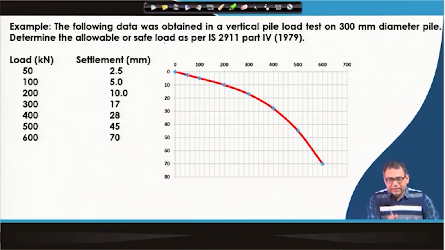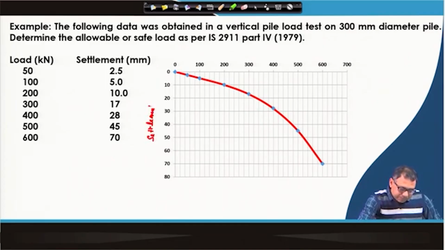So, as per this IS code, means the recommendations that I have discussed previously. This is the load versus settlement curve that I have drawn. This is settlement and this is load.